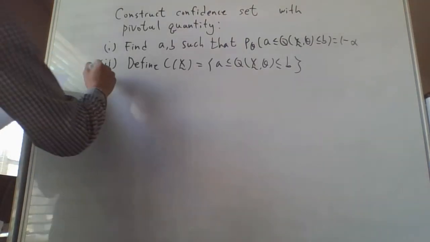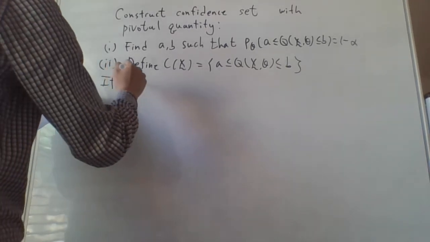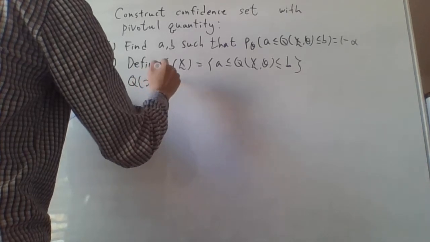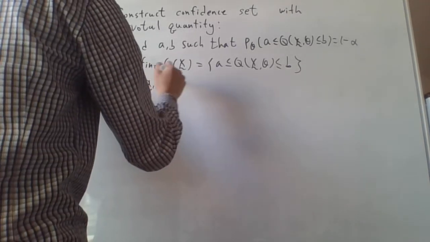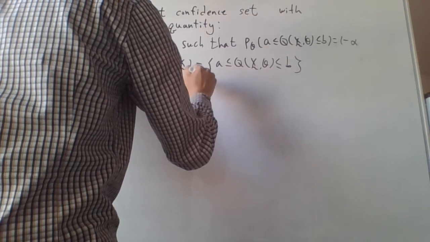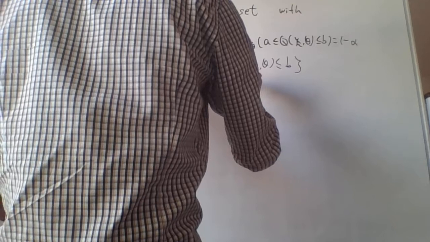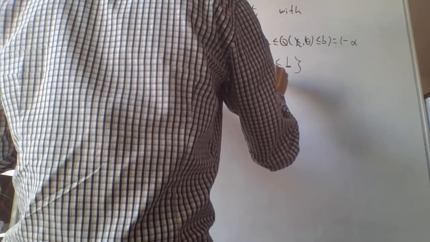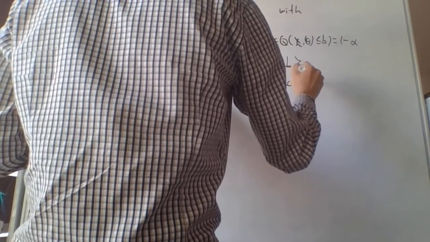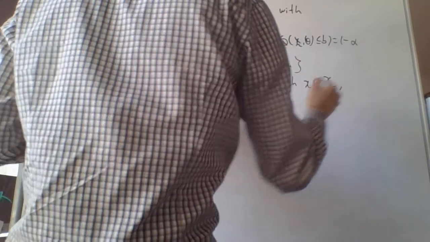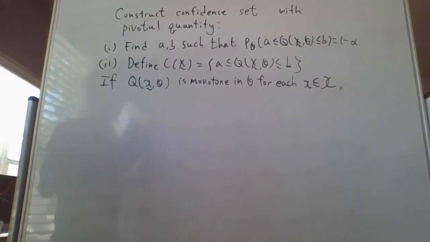Then if Q(x, theta) is monotone in theta for each x, then this confidence set is an interval.